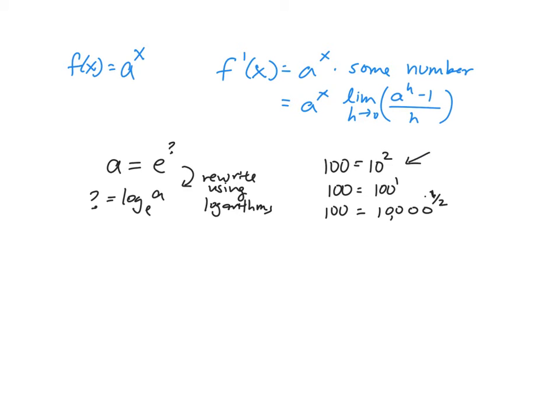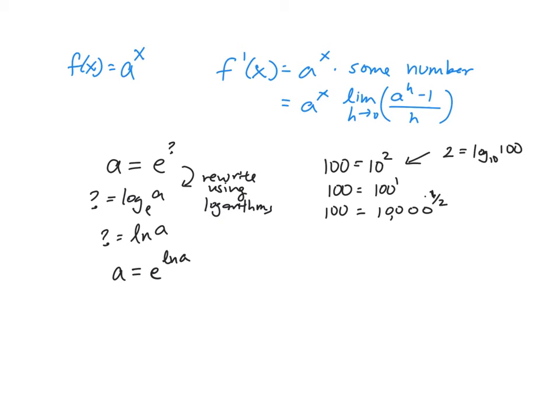So with this up here, we could say that the exponent 2 is the log base 10 of 100. Logarithm means exponent, and so the exponent on e is the question mark that would give us a. And log base e, we have a special symbol for that. It's ln, for the natural logarithm of a. So that question mark is really ln a, so a is equal to e to the natural log of a.